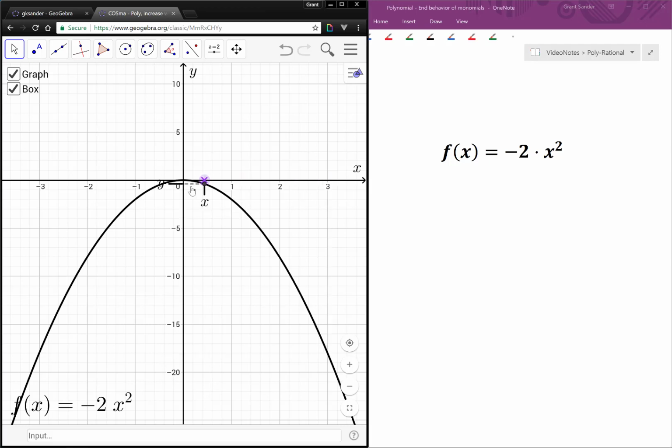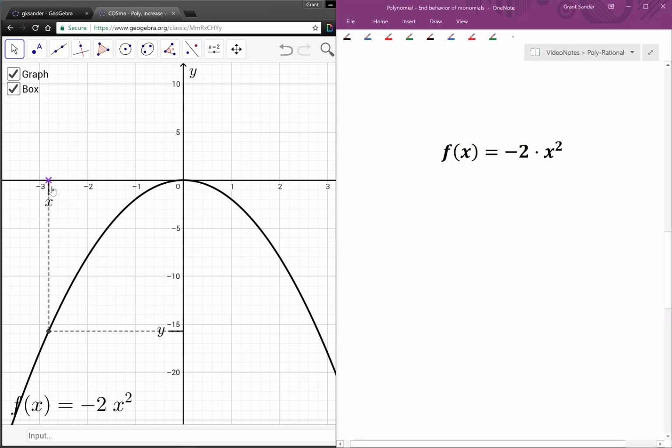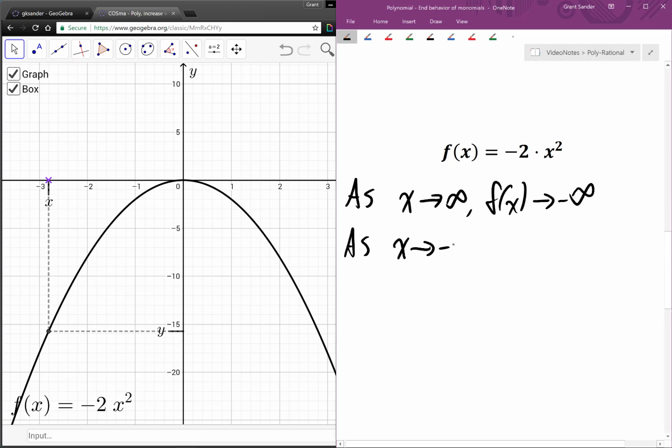And as I let x decrease without bound, again, f of x is going to decrease without bound. So we could represent those two things with the following statements. As x increases without bound, f of x decreases without bound. And as x decreases without bound, f of x, again, will decrease without bound.